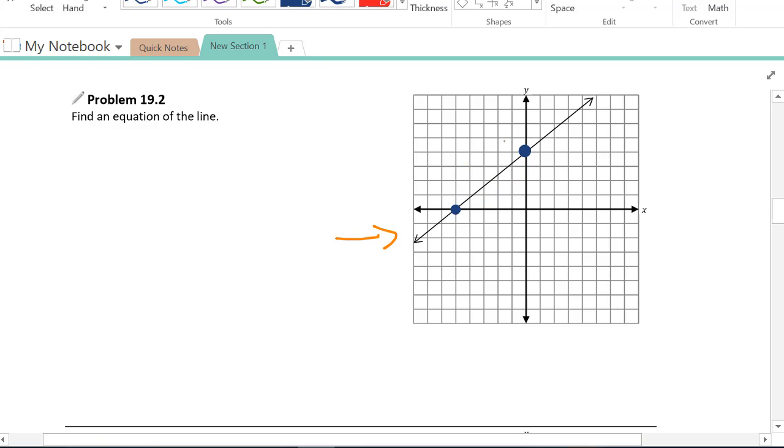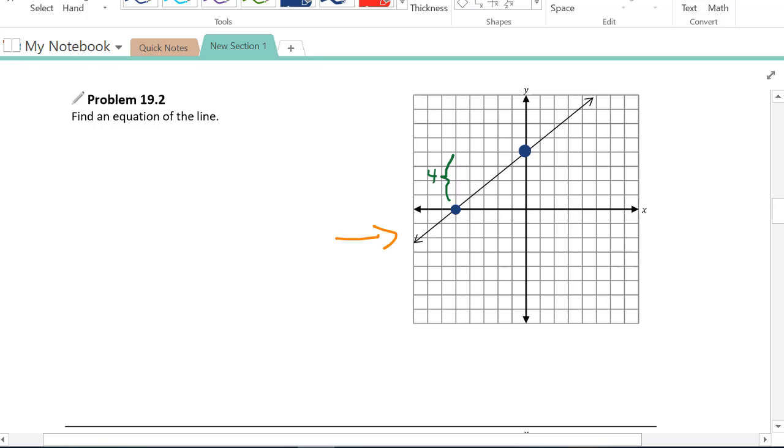The first thing we're going to do is we always go up or down. So I'm going to start counting. How do I go from here to here? I will go 1, 2, 3, 4, and then 1, 2, 3, 4, 5. So how much did I go up?